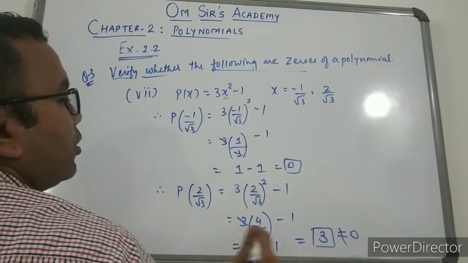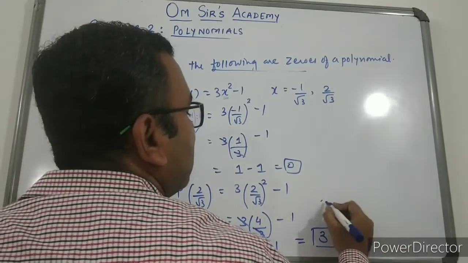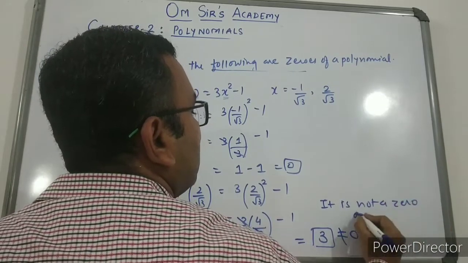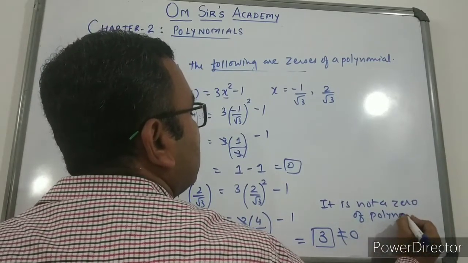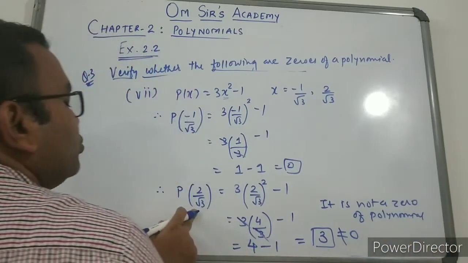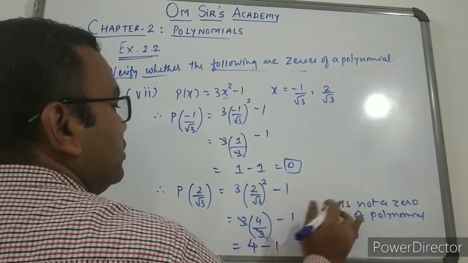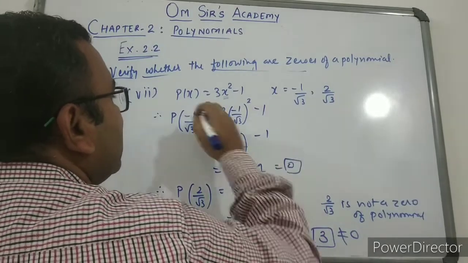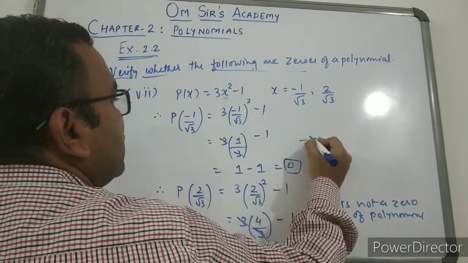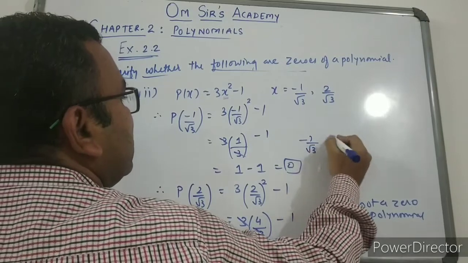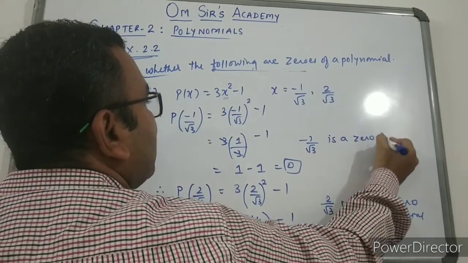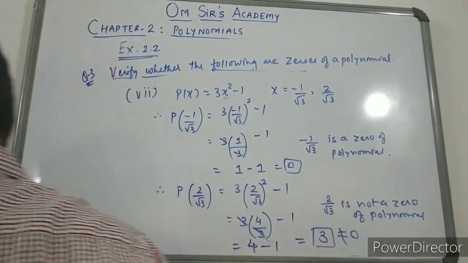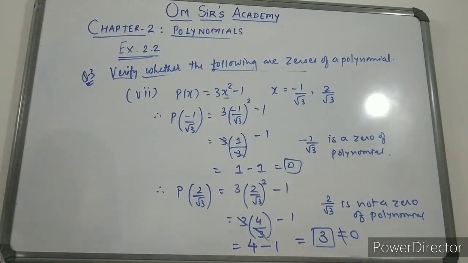So hence this is not a 0 of the polynomial. This 2 upon root 3 is not a 0 of the polynomial, and in this case minus 1 upon root 3 is a 0 of the polynomial. Is it clear, friends?